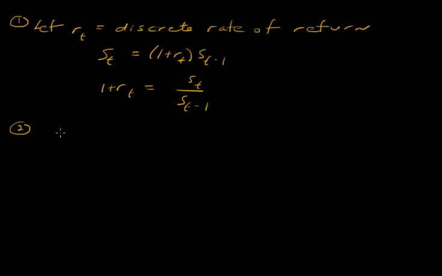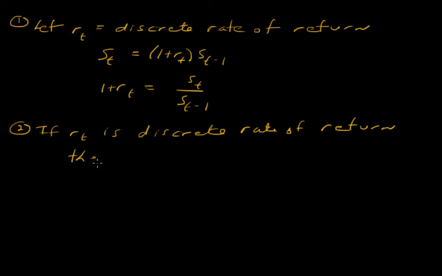If R_T is the discrete rate of return, we can go back to what Cochrane used for gross returns.